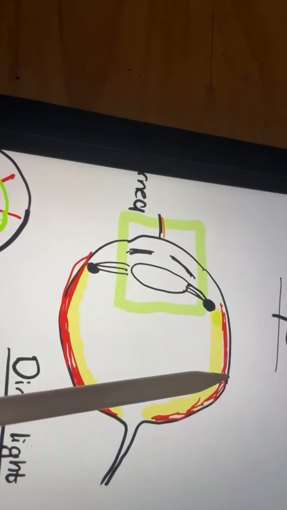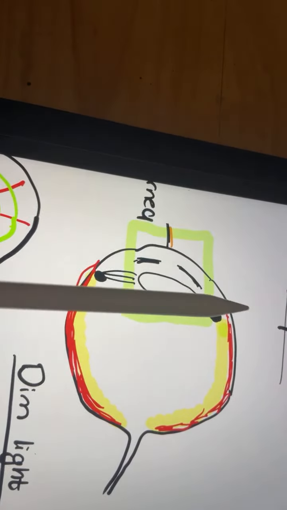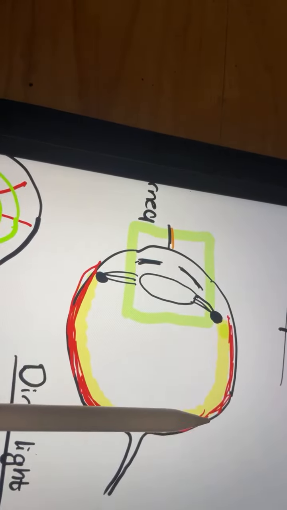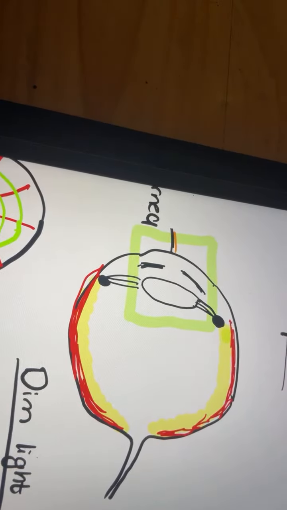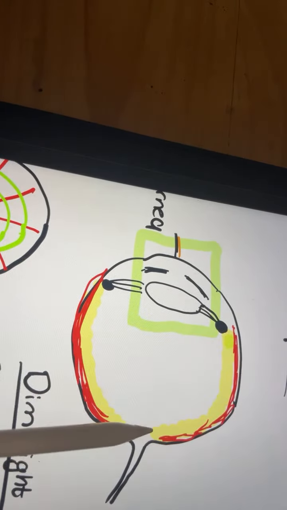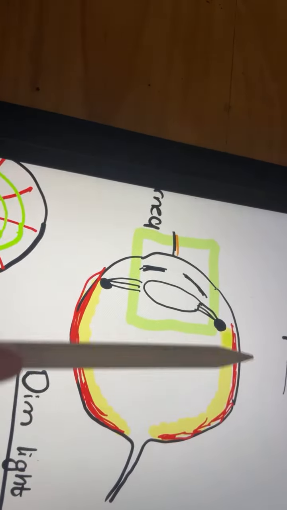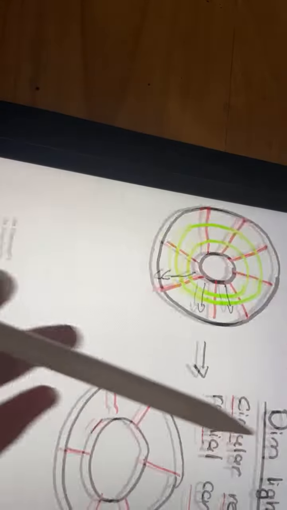There was the sclera, the choroid, and the retina. So you will need to know the layers of your eye. Now, the sclera is the white part of the eye. The choroid is the dark black blood vessel filled layer, and the retina is the part where we find our photoreceptors. So we are essentially going to look for this red layer on the picture here, because that's the choroid.